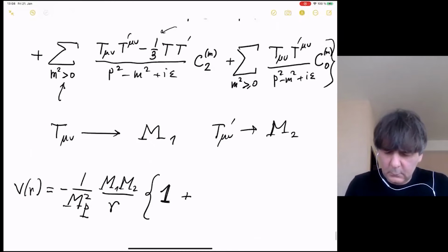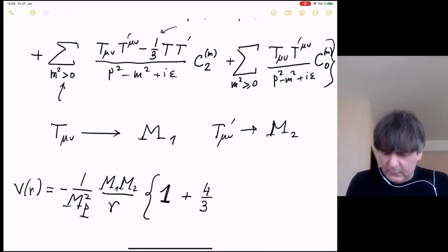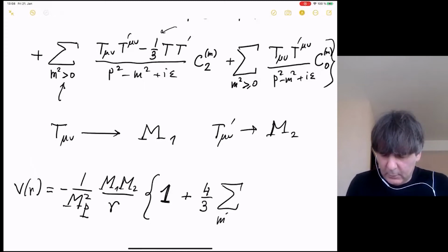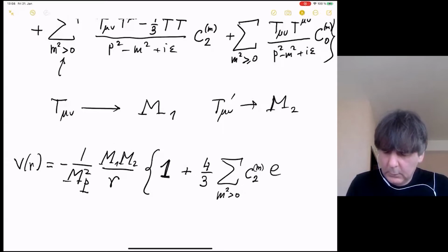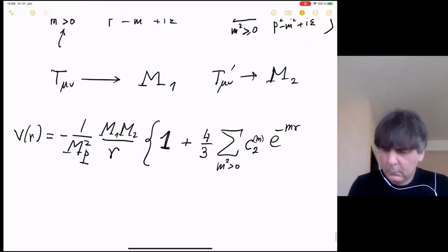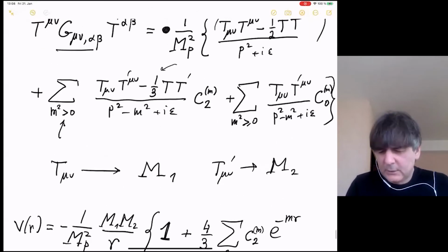4/3 for the massive ones. So for m larger than 0, we would have the factor C2 and exponent minus mr, and here we will have a relative factor of 2. Of course, I can rescale these factors into the C's from the beginning, but they are useful to observe the relative strength.